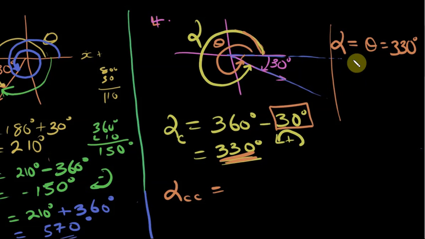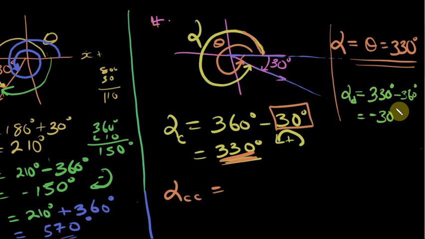Okay, let's get one more. It's a reference angle. So let's get another coterminal, coterminal D. Coterminal D is equal to our reference angle, which is 330 degrees, minus 360, which gives us minus 30 degrees.